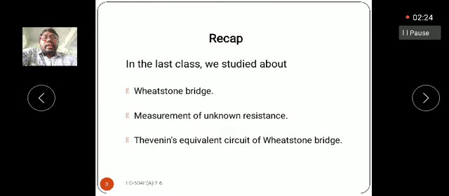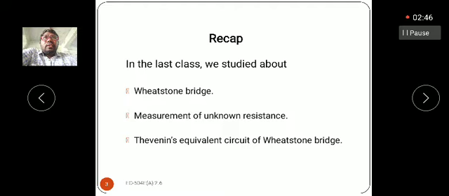In the Wheatstone bridge, the total bridge circuit can be modified in the form of Thevenin's equivalent circuit. That means the multiple energy sources can be replaced with an equivalent circuit.